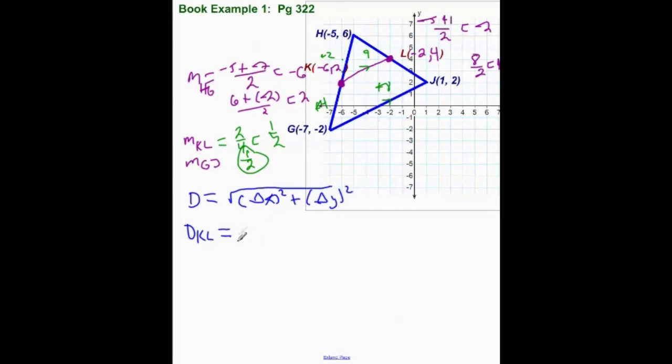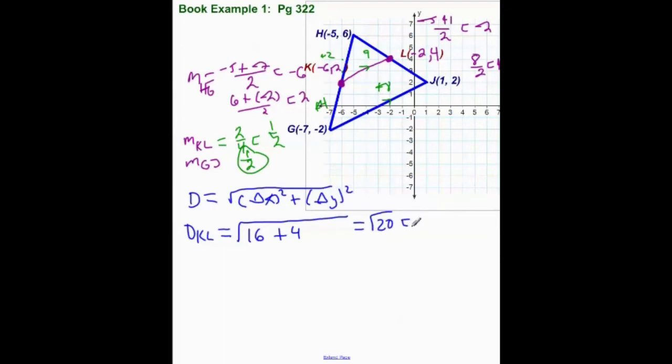From -6 to -2 is 4. 4 squared is 16. Plus, from 2 to 4 is 2, so 2 squared is 4, and I get radical 20.